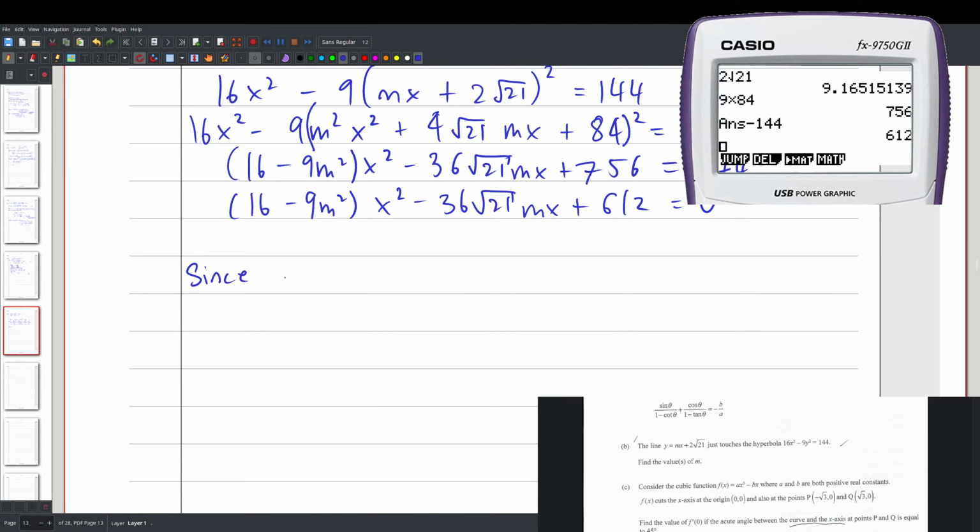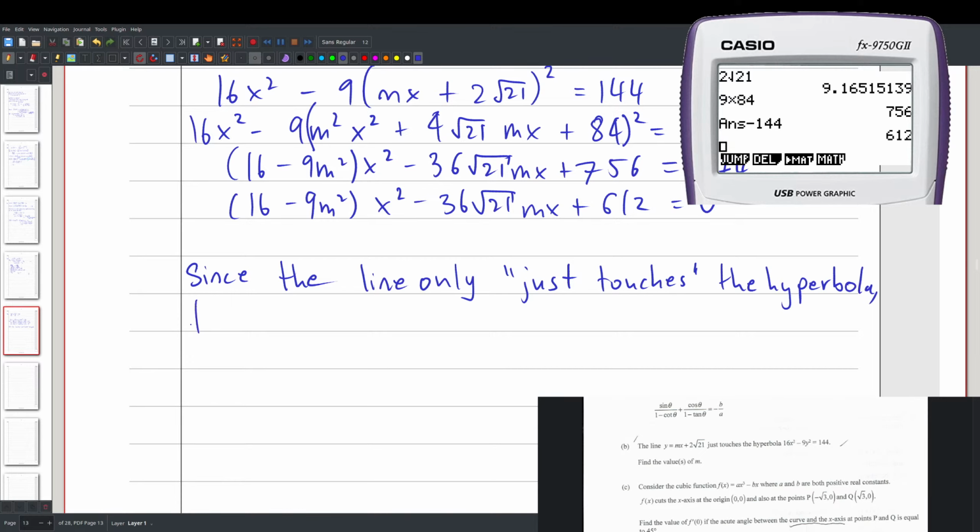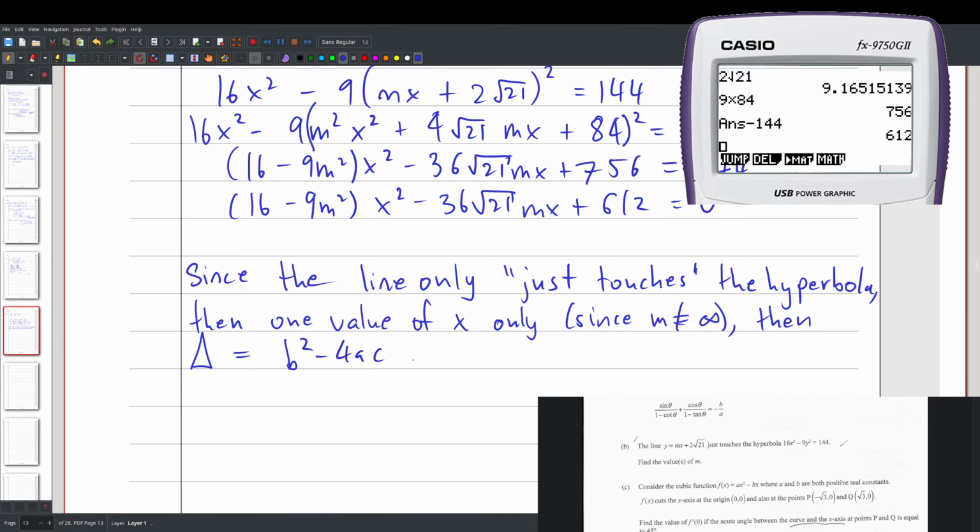Since the line just touches the hyperbola, then one value of x only, since m is not equal to infinity, then delta equals b squared minus 4ac equals 0.